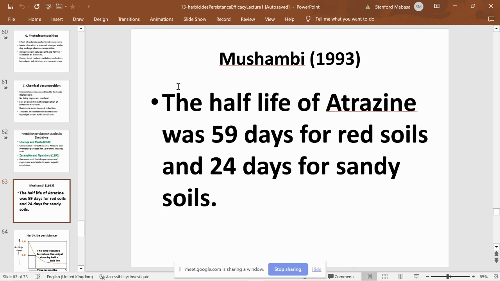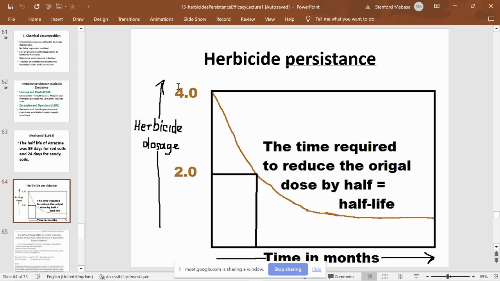So the half-life of atrazine was 59 days for clay soils and 24 days for sandy soils. You can see that atrazine could disappear very fast in sandy soils. If you start with 4 liters, the time taken to reduce it to half is what is called the half-life. And it is used as an indicator or as a measurement of soil persistence.